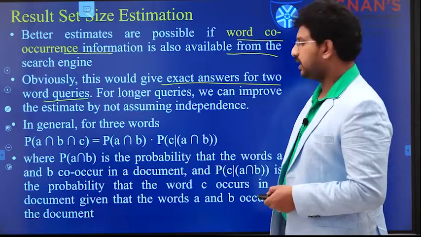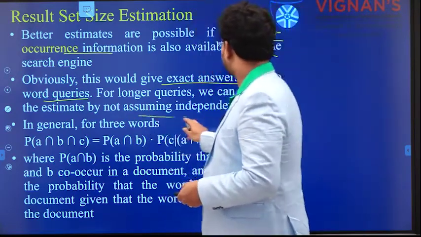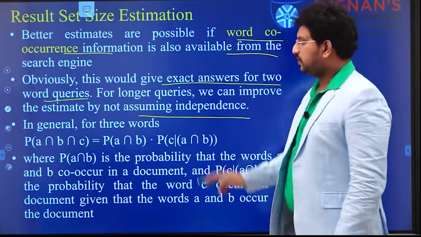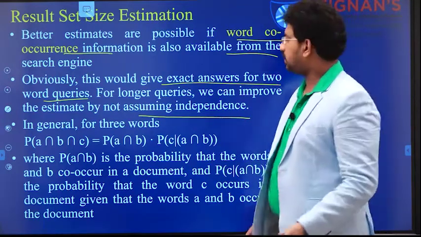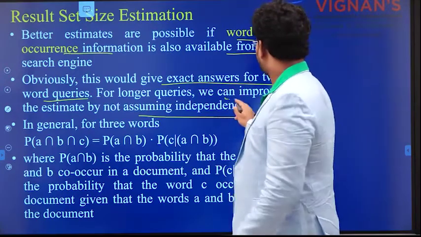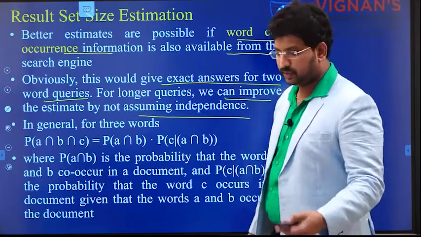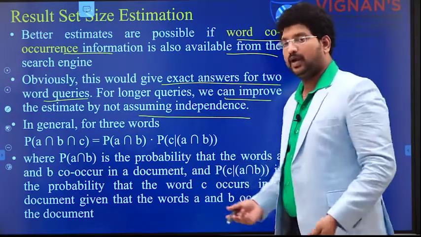For longer queries, we can improve the estimate by not assuming independence. So that's what you are going to take, the co-occurrence there.